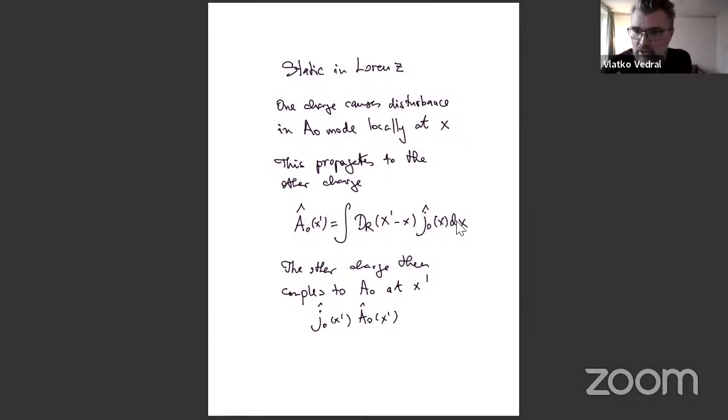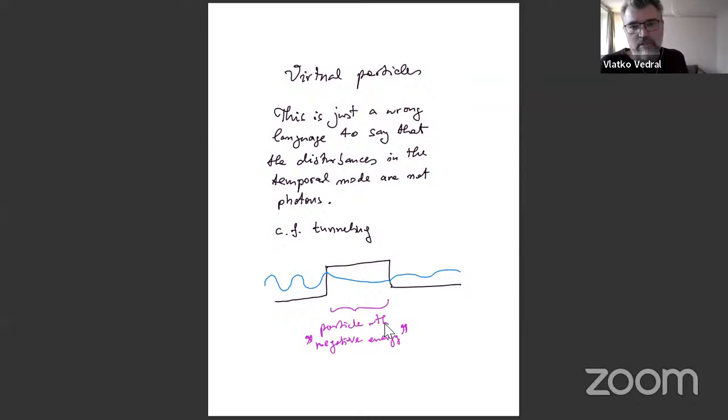So you have this nice looking equation where the density at x, through this retarded causal propagator, really affects the vector potential, the temporal vector potential as an operator in this picture, at point x prime. And then the charge, the other charge that may be sitting at x prime, will through the local interaction with A0 at x prime pick that up. And that's kind of how we understand the static interactions here.